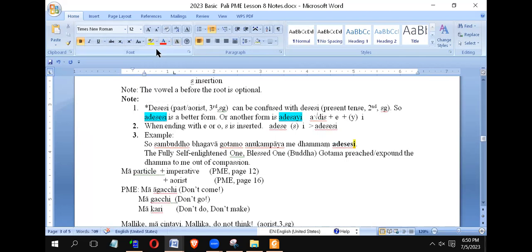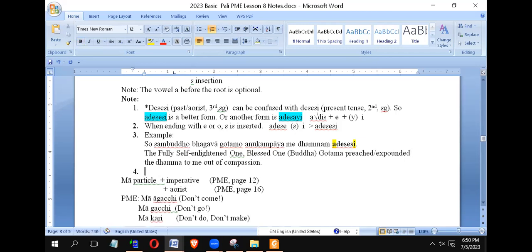And when the A shows in front, it is very clear it's not the present tense. This is the past tense. So the fully enlightened one, the blessed one, Gautama, preached, past tense, the Dhamma, which is the object here, to me, out of compassion.